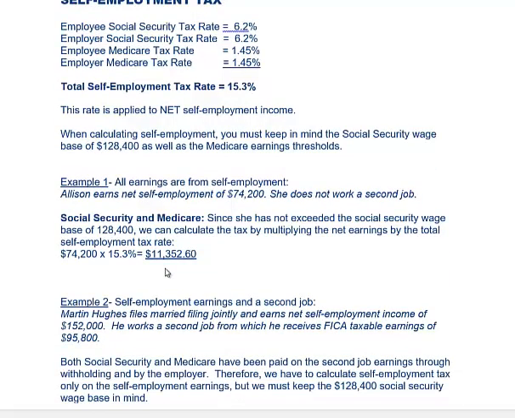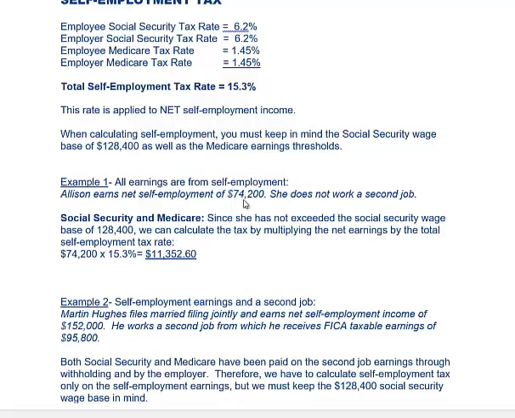The first example is where all the person's earnings are from self-employment. Allison earns net self-employment income of $74,200. She doesn't have a second job, so we can calculate Social Security and Medicare together.